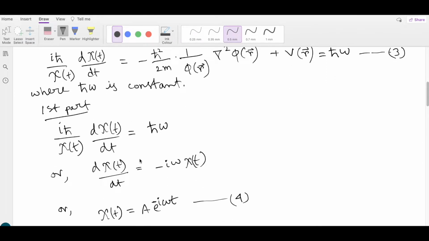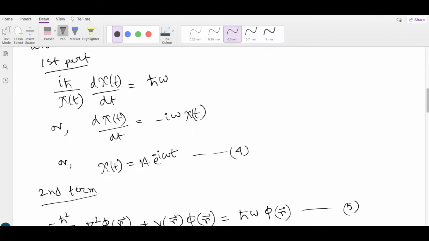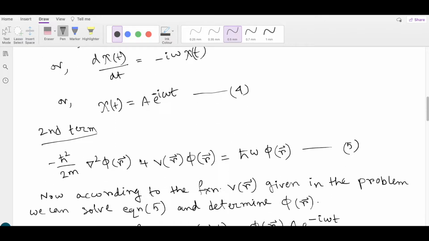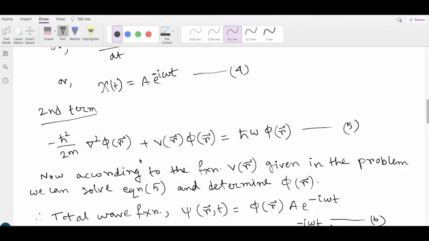So the first part is iħ (1/χ) dχ/dt equals ħω, and solving it we get χ equals A e to the power minus iωt, where A is a constant.